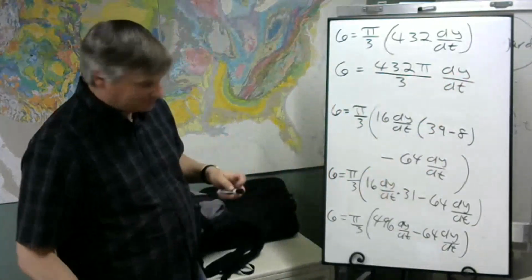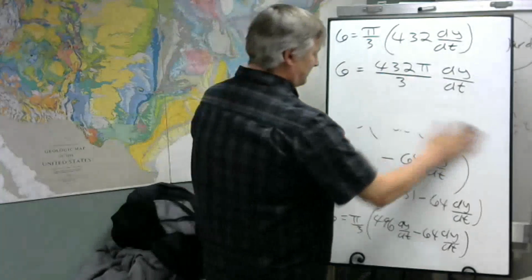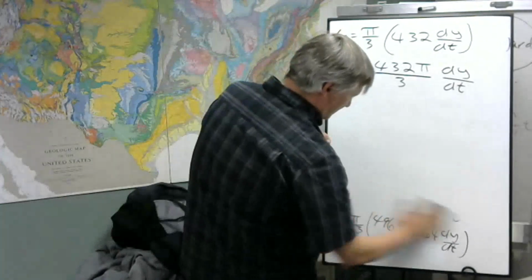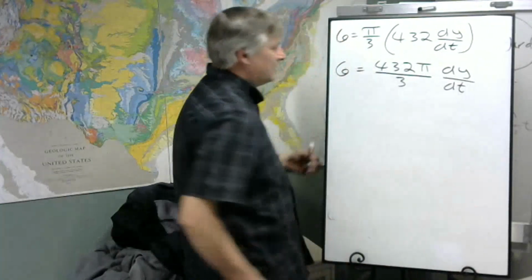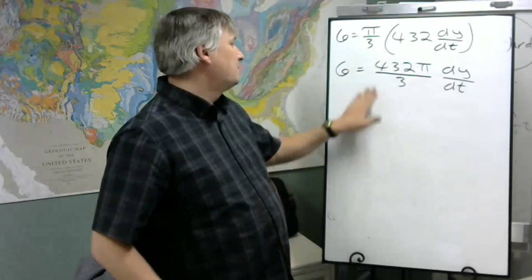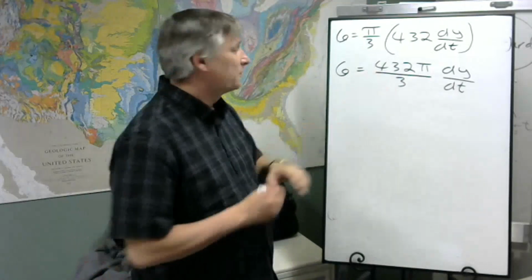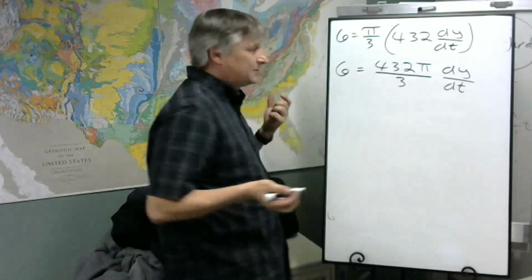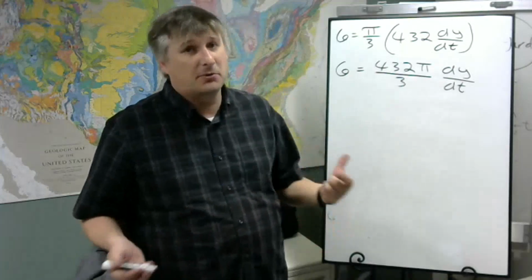All right. So divide both sides by 432 pi over 3, or multiply both sides by 3 over 432 pi.